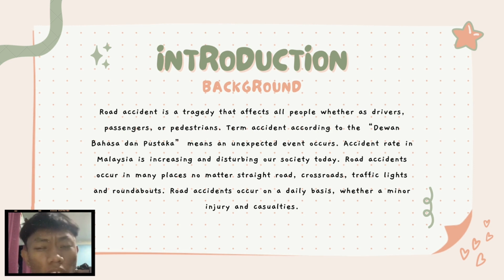Accident rate in Malaysia is increasing and disturbing our society today. Road accidents occur in many places, no matter straight road, crossroad, traffic lights and roundabout. Road accidents occur on a daily basis, whether minor injury or casualties.